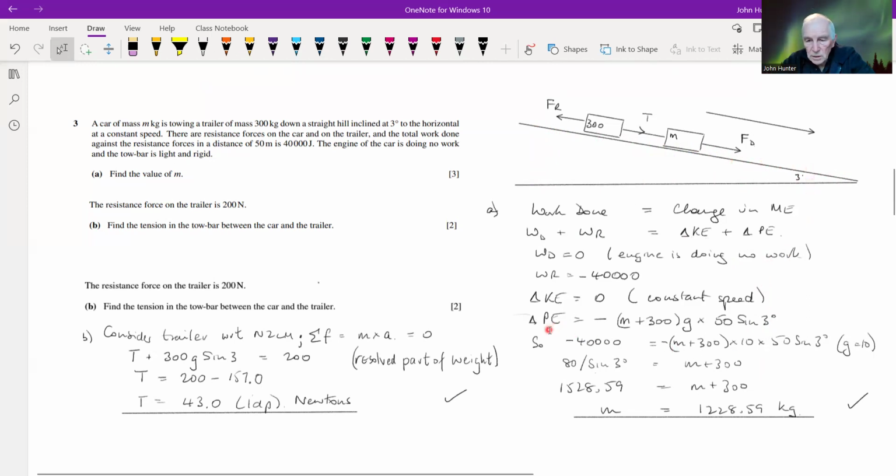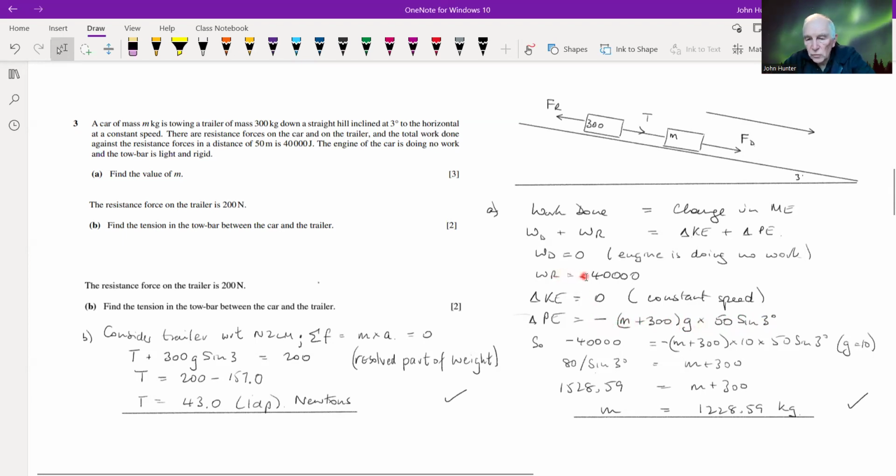So the change in potential energy is going to be the total mass, car and trailer, times g times the height that we've come through, and of course that is negative as well. We've actually lost potential energy in this process.